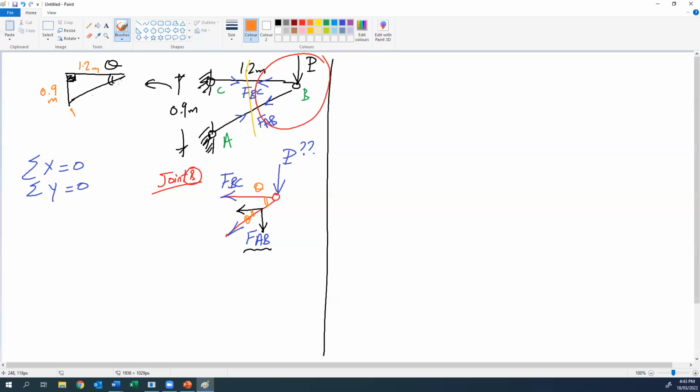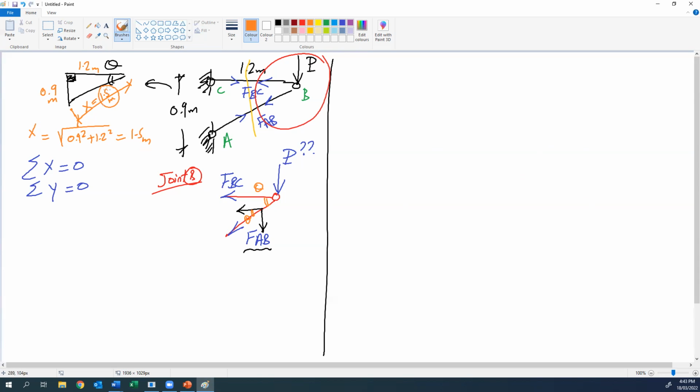So how can we get the hypotenuse? The hypotenuse, I will call it, let's say x. X will be the root of 0.9 squared plus 1.2 squared, which will give us 1.5 meter. So this hypotenuse will be 1.5 meter.